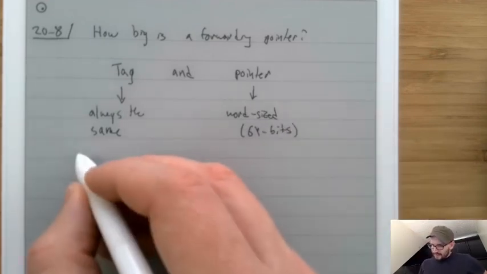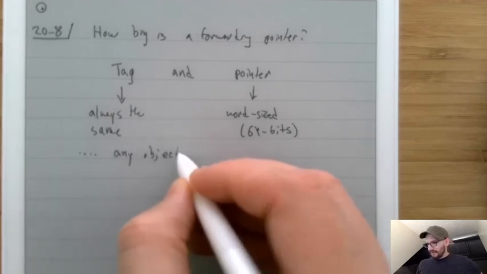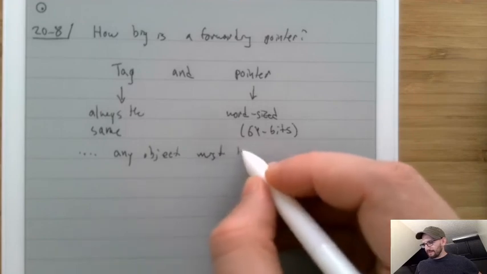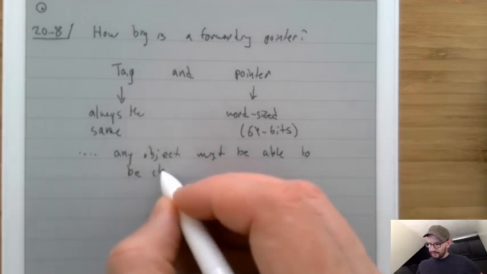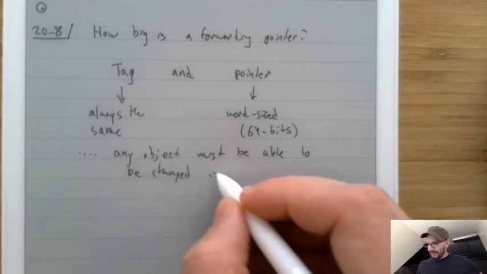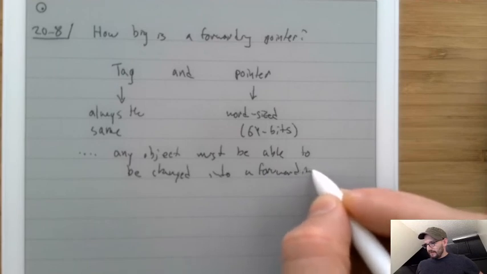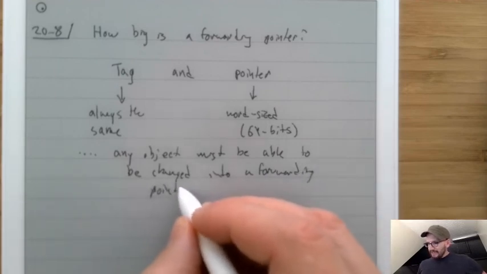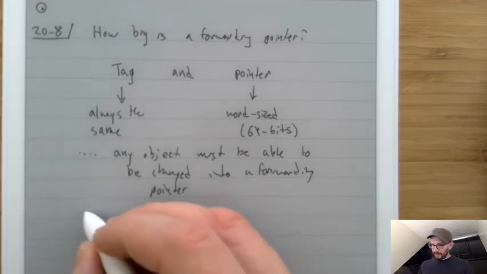So that means any object must be able to be changed into a forwarding pointer. Because no matter what it is, if it's stored in memory somewhere, it might someday be moved.